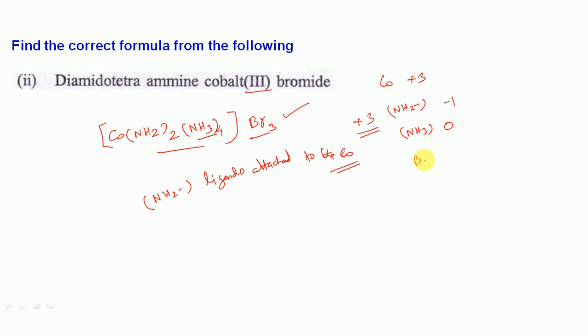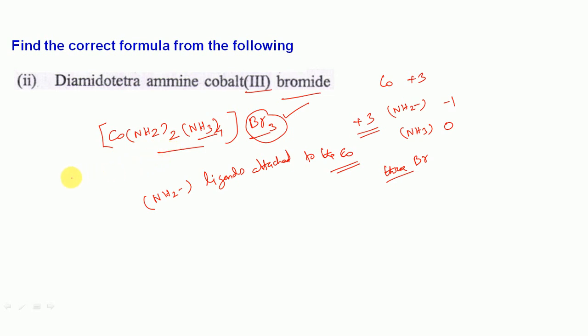So 3 bromide ions are needed to balance the charge.